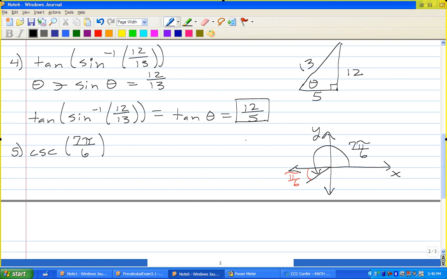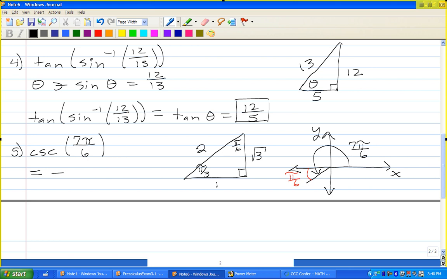Let me draw a triangle, a 30, 60, 90 triangle. And so sine is going to be negative.